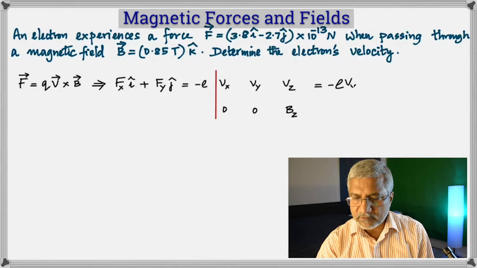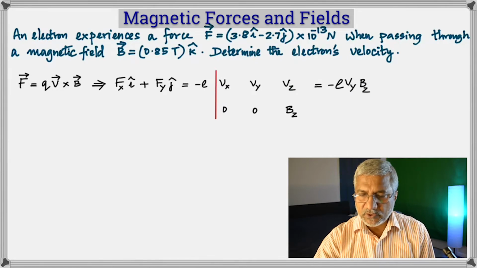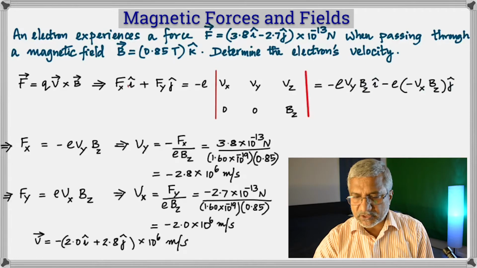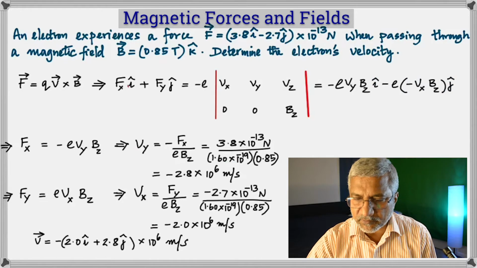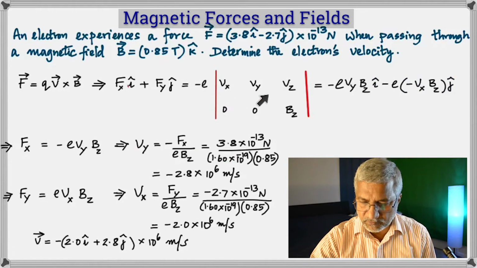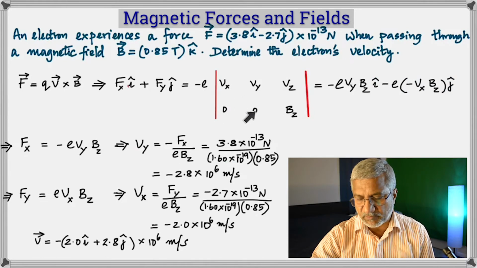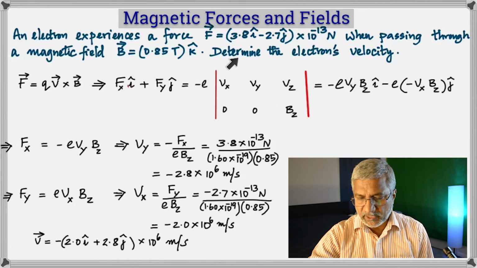And then you also have 0, 0, Bz. Let me just complete that so you see what I'm writing. So you have 0, 0, Bz here because we know the magnetic field is only along K. I should have written I, J, K here.